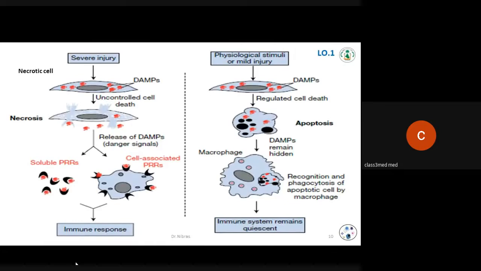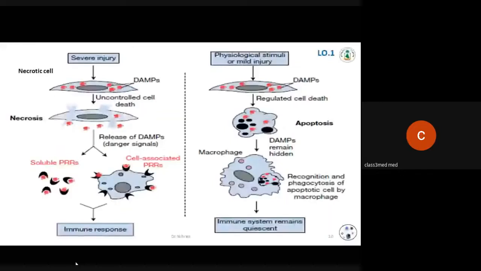It will tag itself to the immune cell, for example, a phagocytic cell, to engulf it by phagocytosis, in order not to expose the DAMPs to other immune cells, because that would initiate another immune response and maybe lead to injury. Once the mark or the tag on the cell is recognized, phagocytosis occurs.